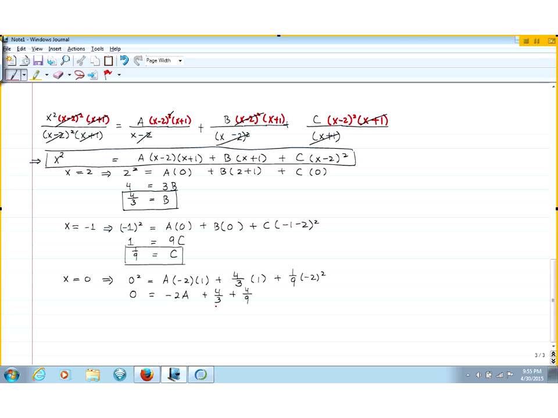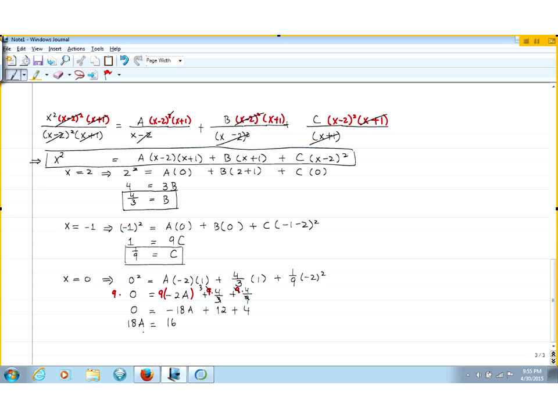If we don't want to deal with fractions, we will clear the fractions again. Multiply by the LCD, which is 9. So 9 times 0, 9 times -2A, 9 times 4 over 3, 9 times 4 over 9. The 9 and 3 cancel, so this is 3. So 9 times 0, that is 0, equals -18A plus 3 times 4, which is 12, plus the 9 cancels, so plus 4.